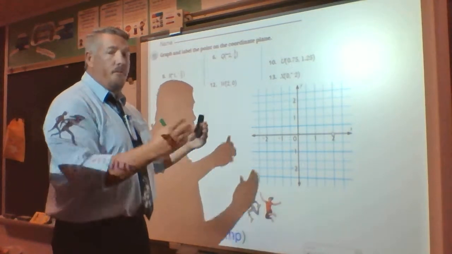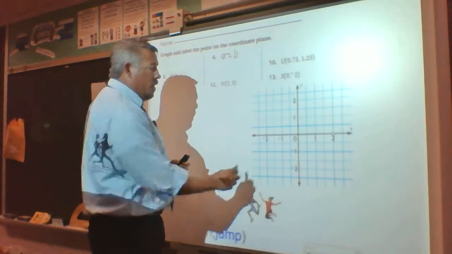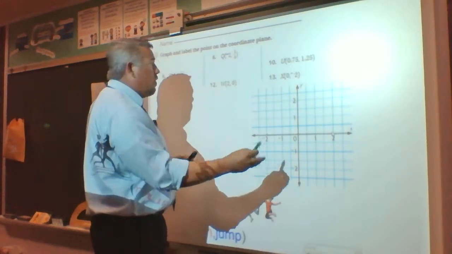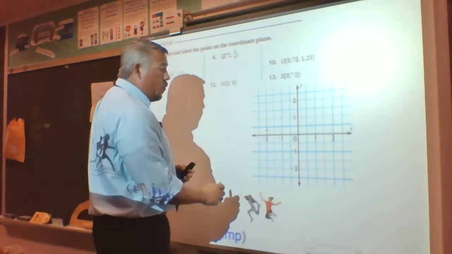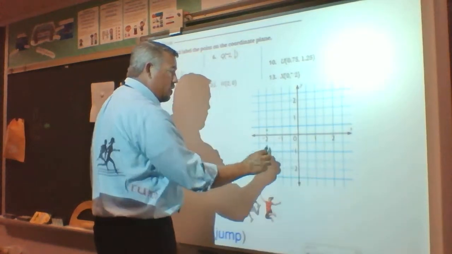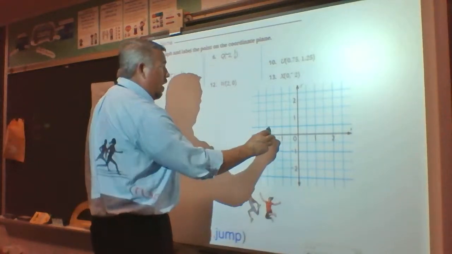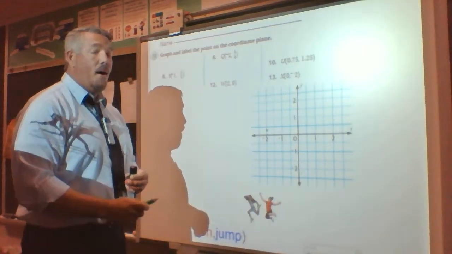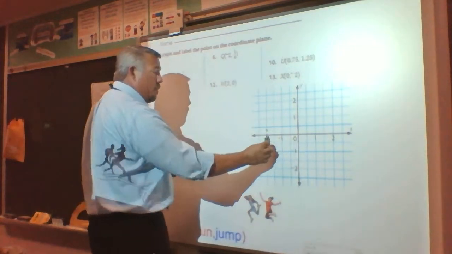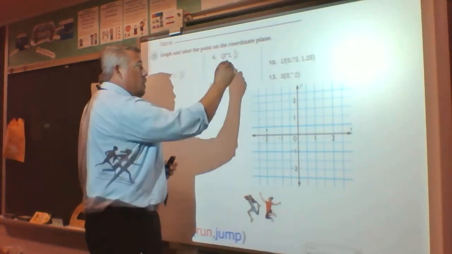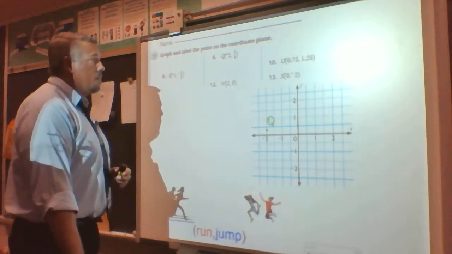And then 1/4, well, one big jump would be 1. So this dark blue one here would be my halfway. So I know I'm only going to go up into this space between the x-axis and that first halfway line. I knew I went up because on my y it shows a +1/4. So I have -2, 1/4 up.